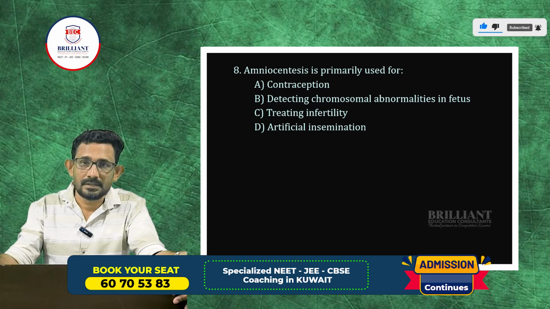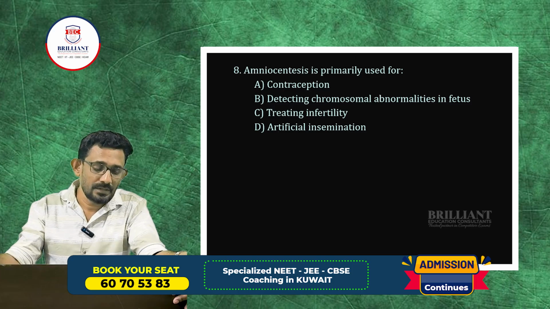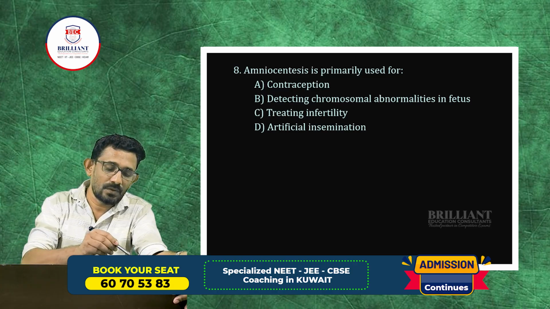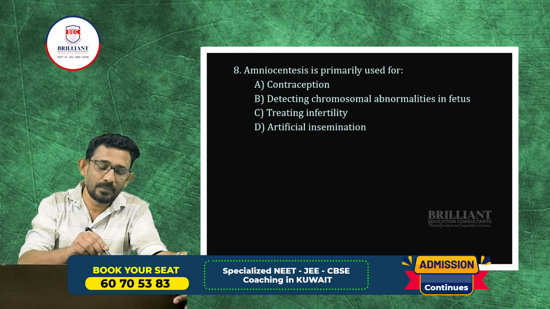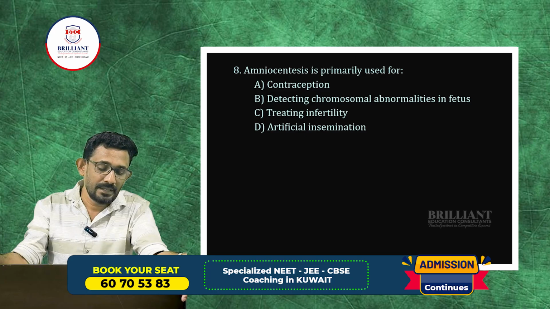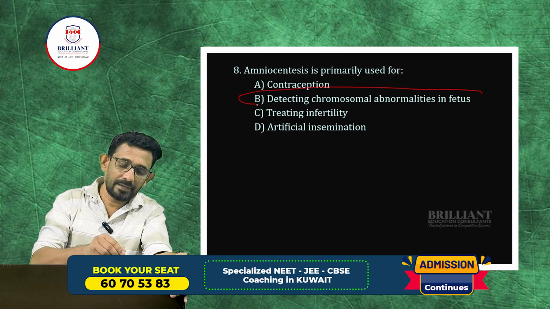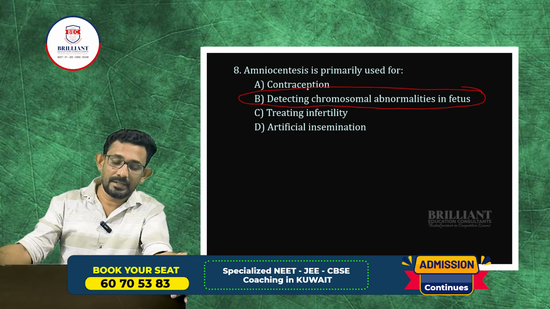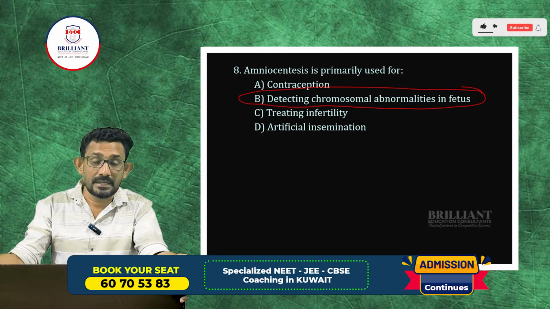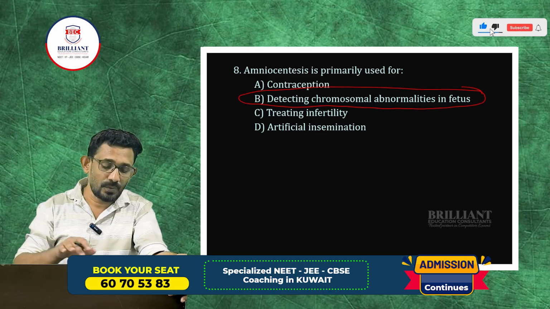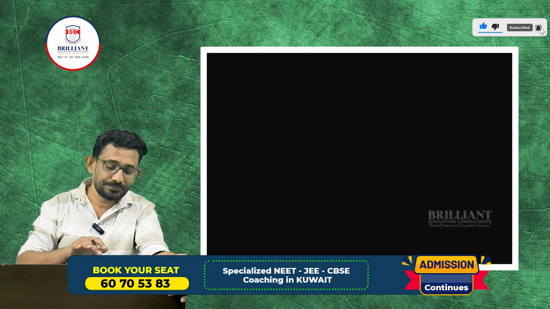For that purpose, amniocentesis is done. So here A is contraception, B detecting chromosomal abnormalities in fetus, C treating infertility, D artificial insemination. So it is clear that detecting chromosomal abnormalities in the fetus is the correct answer. So option B is the correct answer.